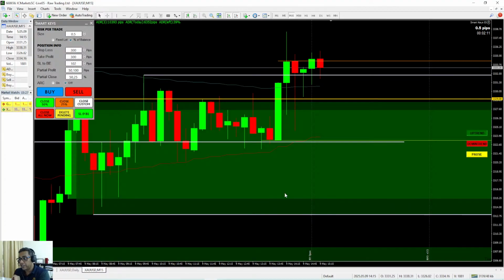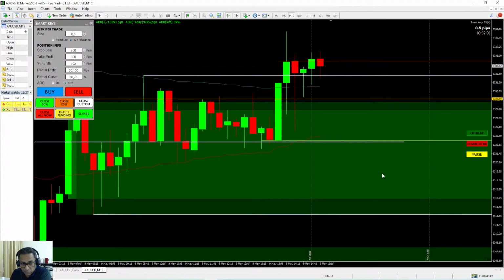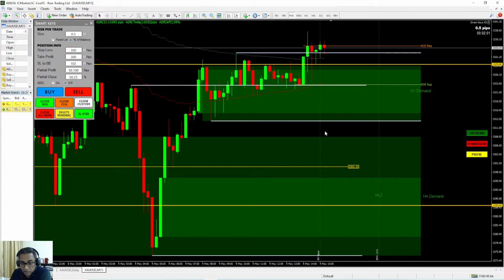The better trade would be sells. That would be the better trade, right? But everything is in line for buys as well. We have 30-minute support formed. There is a liquidity candle. There is a zone here, a 1-hour demand zone. There's a liquidity candle inside that zone. There is a weekly SR level.